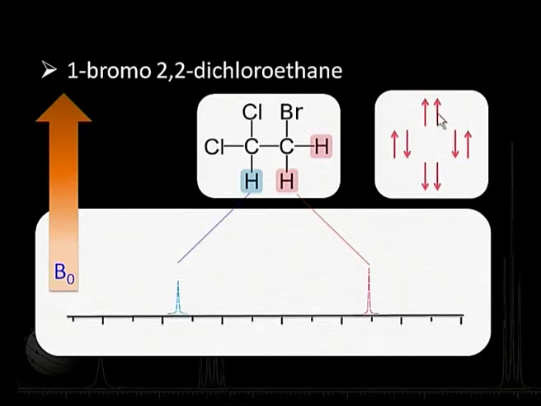What happens is if both of them are aligned with the field, let me say that one alignment gives me a certain magnitude of shift. Since now both the protons are aligned with the field, they are going to augment the field significantly. So, they are going to add to my applied field, and the signal will come downfield, much more shifted than in the previous case.